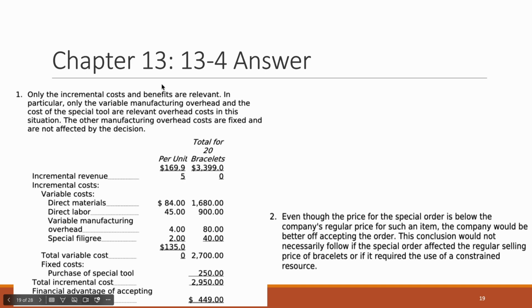We figured out what were the relevant costs, and using those relevant costs, we were able to calculate our incremental costs and our total incremental cost off of that, compare that to our incremental revenue, and we were able to find the financial advantage and make that decision of whether or not it was a smart decision for the company to do.